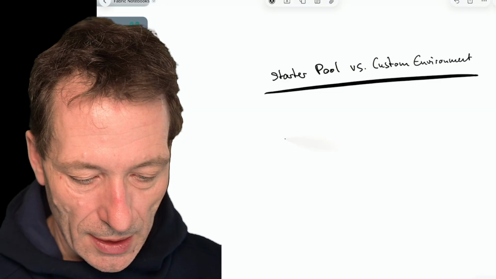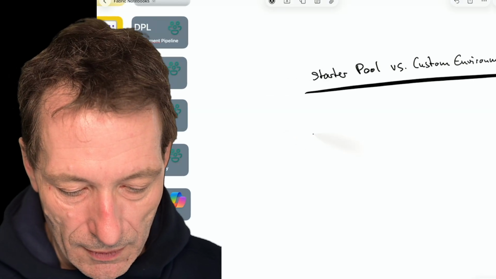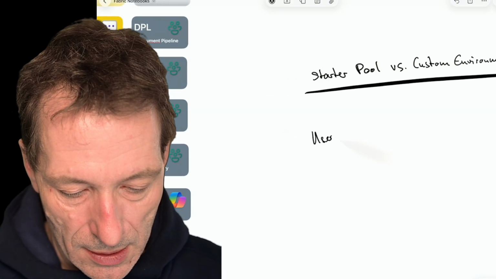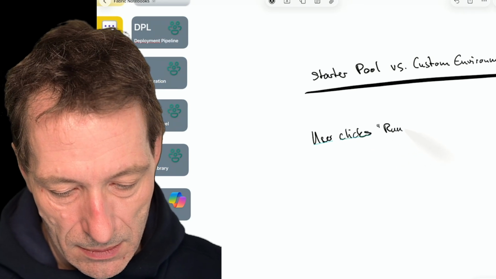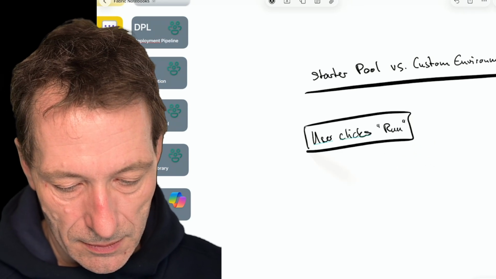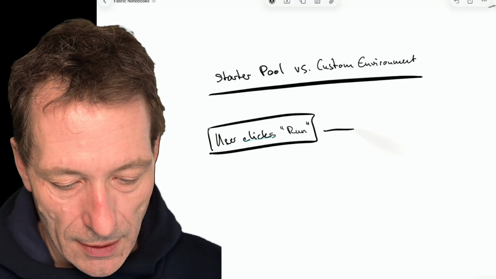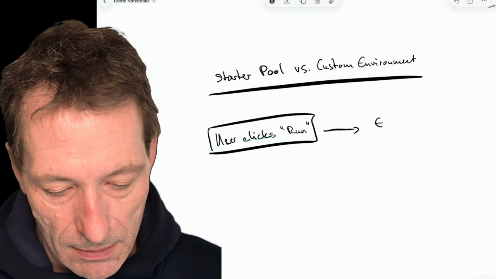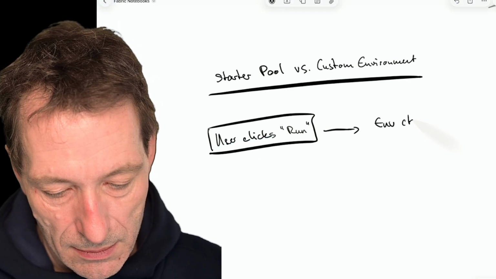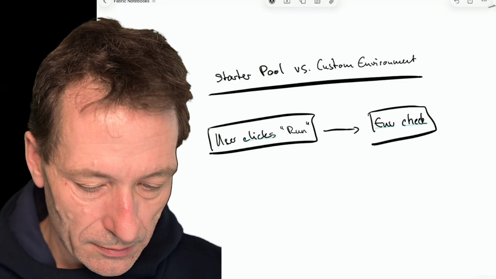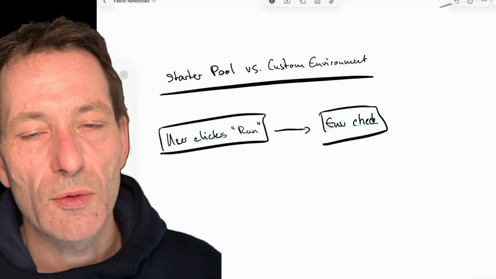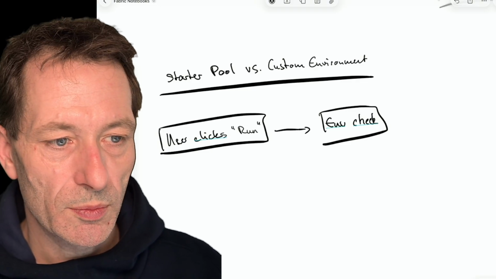So it starts all with the action that the user clicks run. So then there is an environment check. The environment checks which kind of environment should be used.